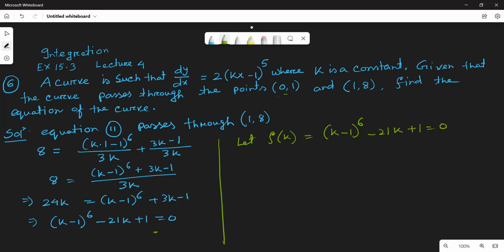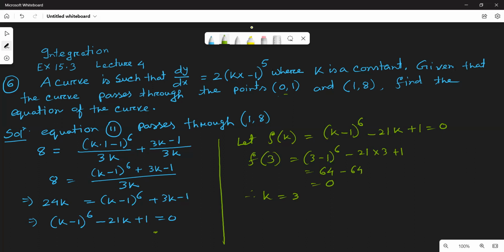Instead of k, we try to put some value which gives the remainder 0. That one will be the root of k. So if we put here, instead of k, 3, we'll get here (3 minus 1) to the power 6 minus 21 into 3 plus 1. So it will be 64 minus 64. So remainder is 0. So we can say k equals to 3.